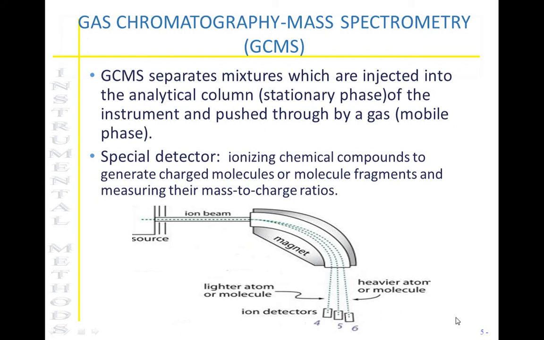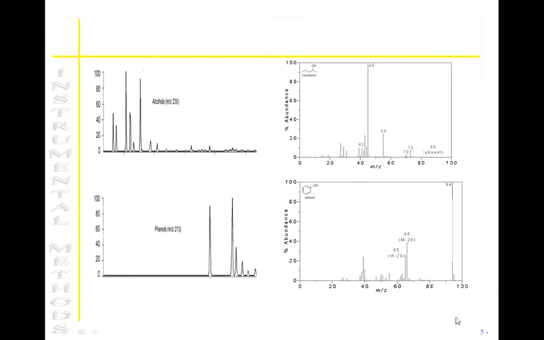Some gas chromatographs may also have a special detector attached to them, a mass spectrometer. The mass spectrometer ionizes the chemical compounds as they're separated from the gas chromatograph. They measure the mass to charge ratio of the compounds, which allows for the identification.